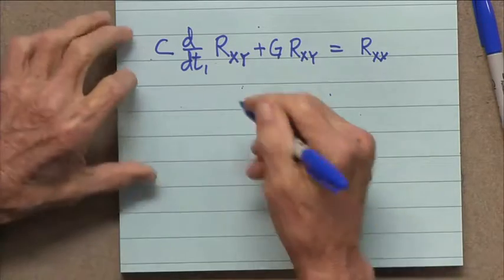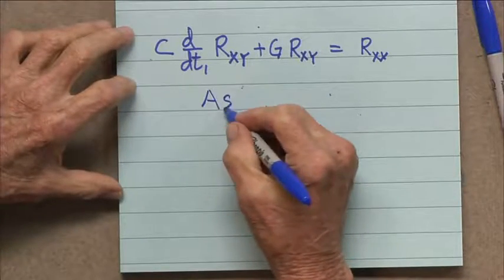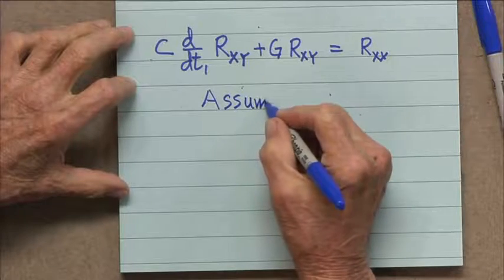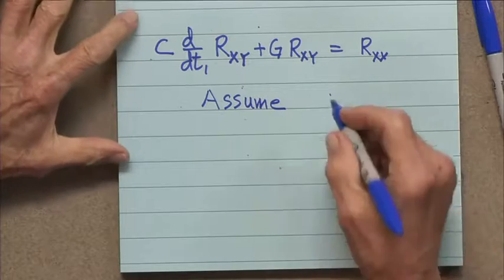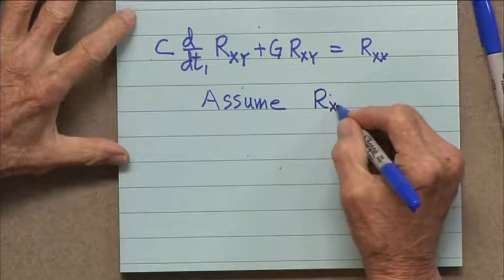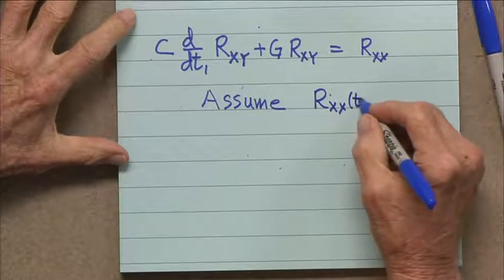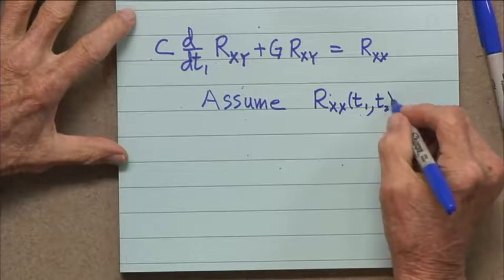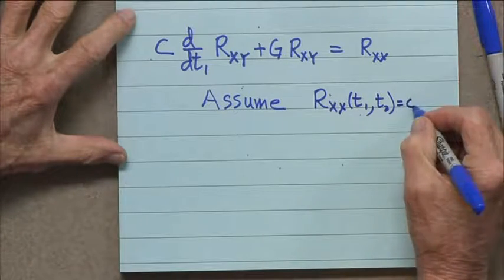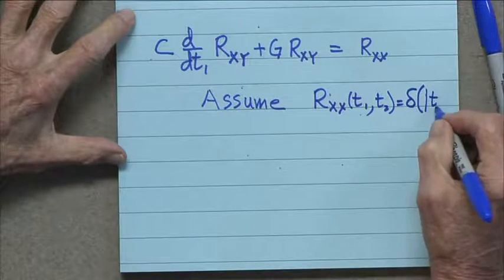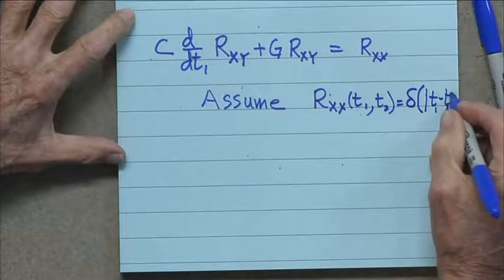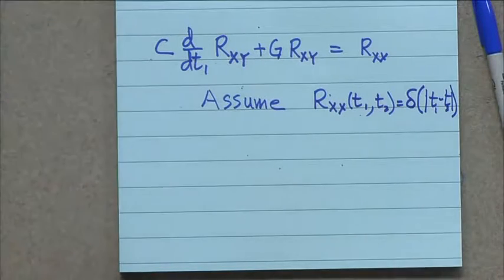Assume Rxx of T1, T2 is equal to delta, T1 minus T2. That's an impulse.